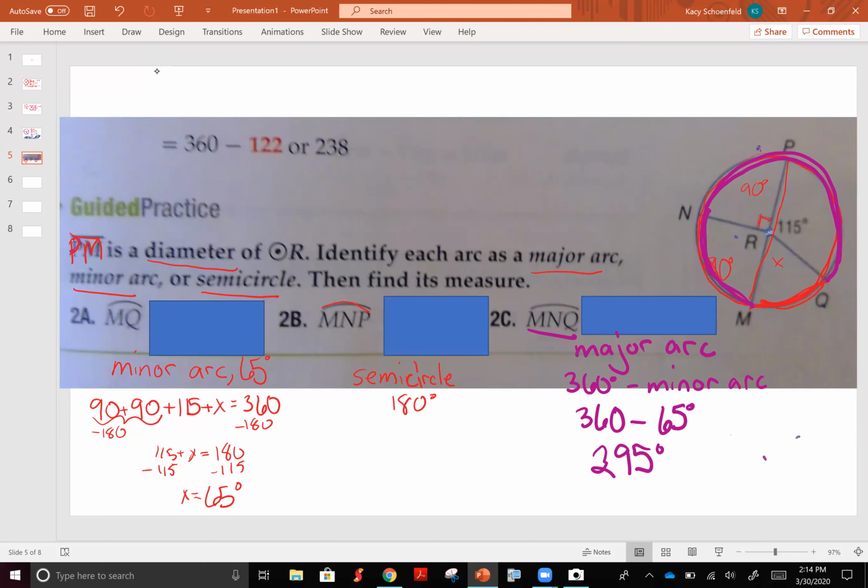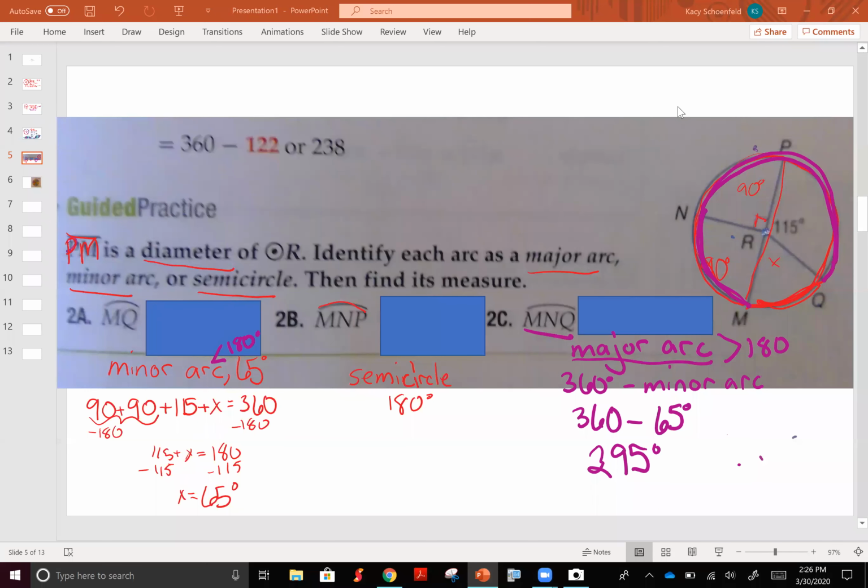A major arc is always bigger than 180 degrees, and a minor arc is always less than 180 degrees. You can try to remember that for how to name them.